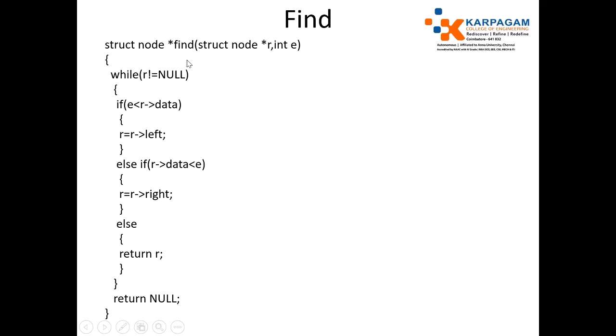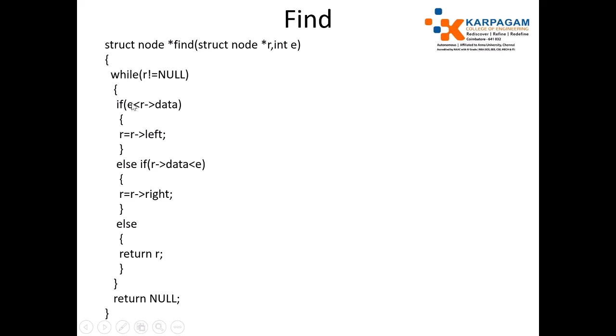The function name is find, which accepts the root node address and the element to be searched, and returns the address of the element found in the tree. We need to check that the root node is not equal to null, using a while loop.